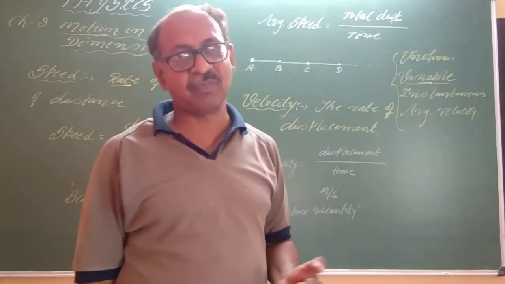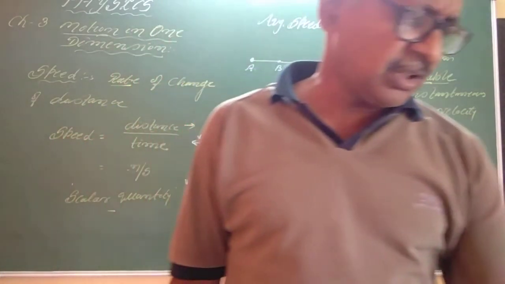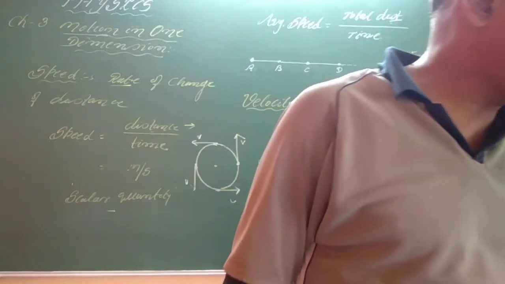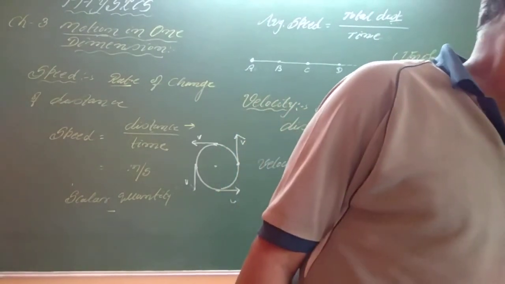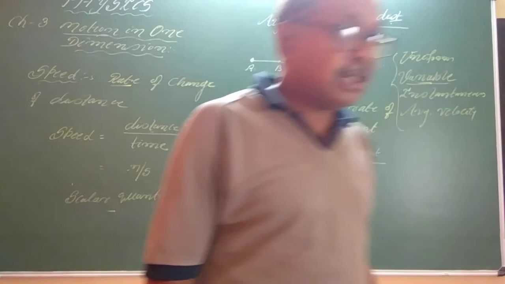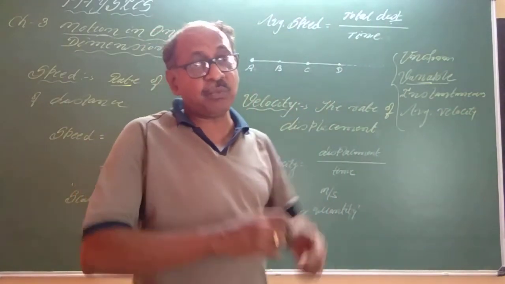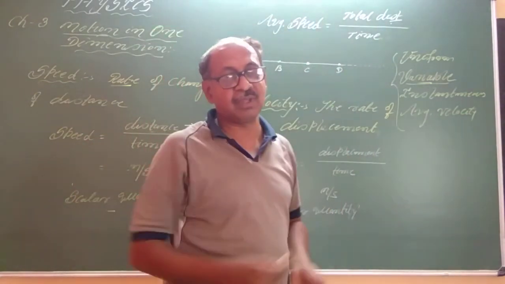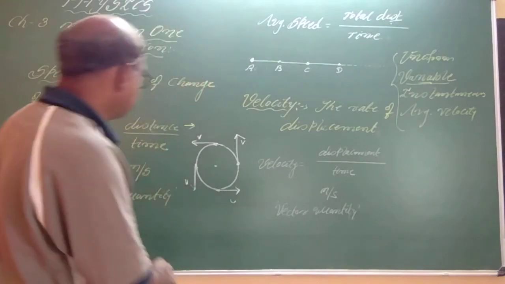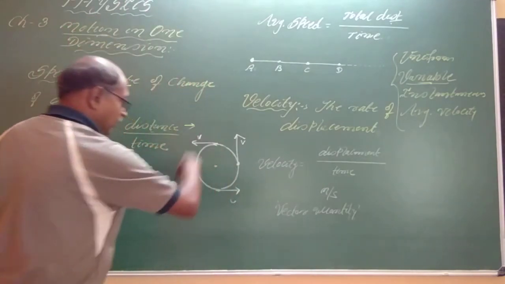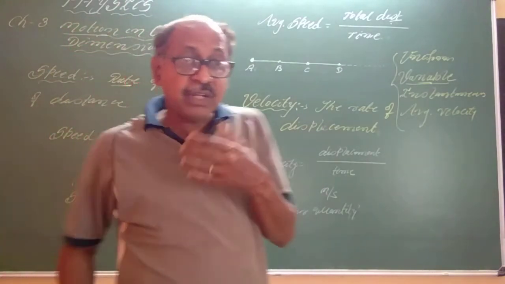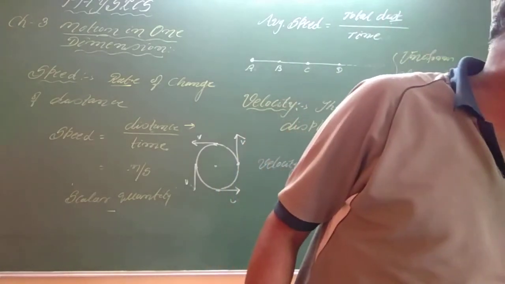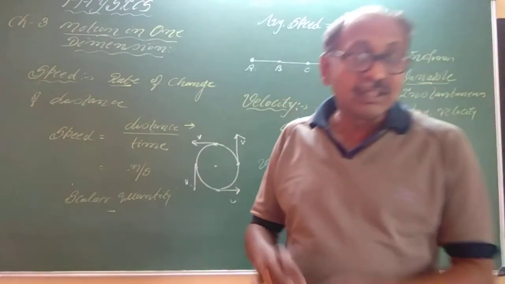Another important difference is that after one circular path, when the body comes back, the average speed of that body is not zero.